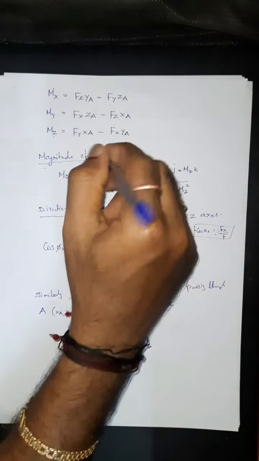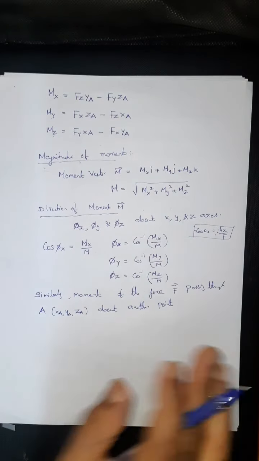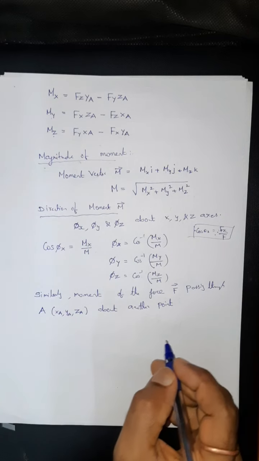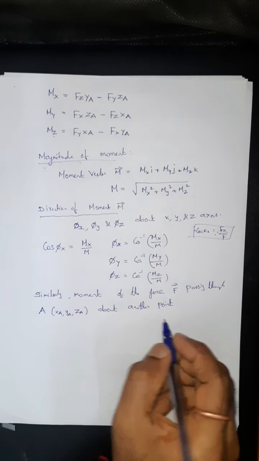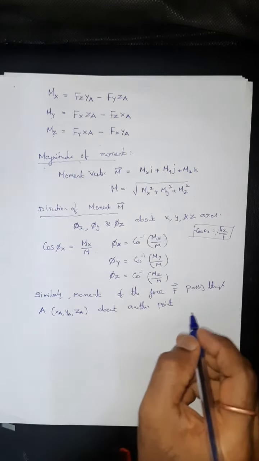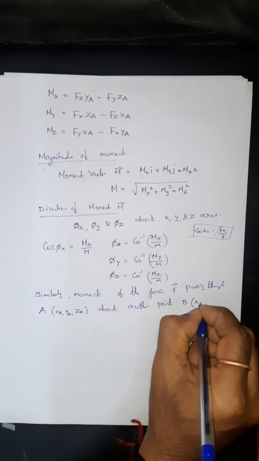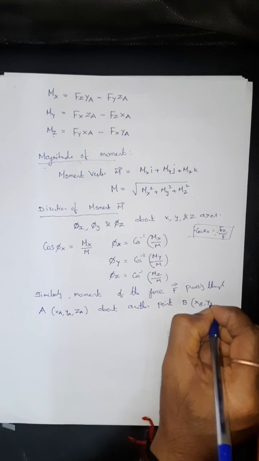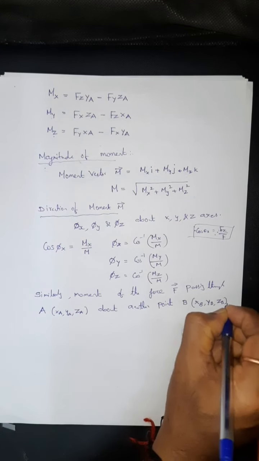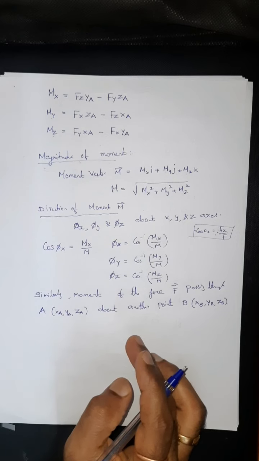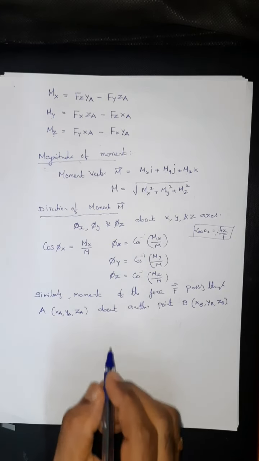So till now what I explained was passing through a point, that is A, from the origin, isn't it? Now it is passing through A about another point B, whose location is xb, yb and zb. Let me just draw a diagram for your better understanding here.